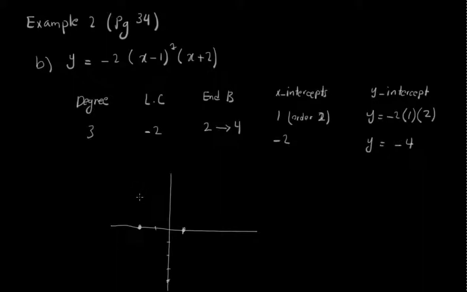So I'm gonna start here, go all the way down, and then you would come back and hit your y-intercept. Then you would continue going up all the way to your next x-intercept, but we need to know that at the x-intercept at 1, the order is 2, so you're just gonna hit the x-intercept and bounce back and continue on the same side of the x-axis. And as we were supposed to, we started in quadrant 2 and finished up in quadrant 4.